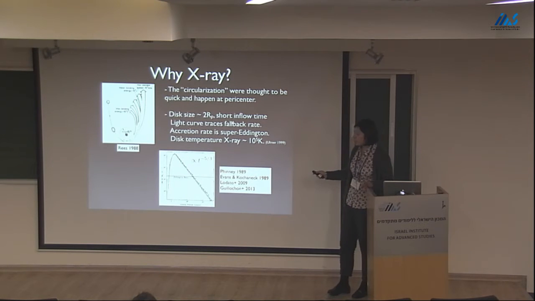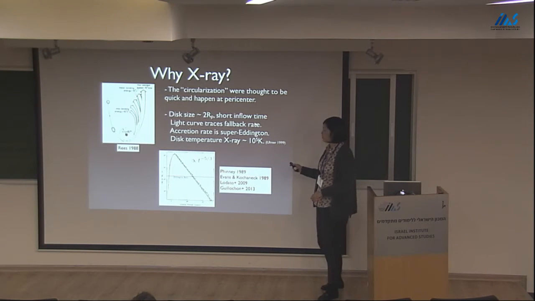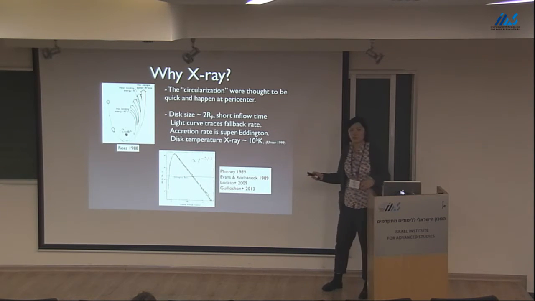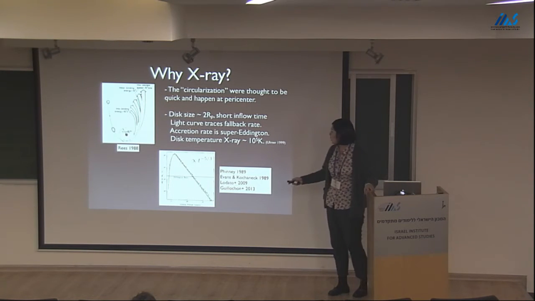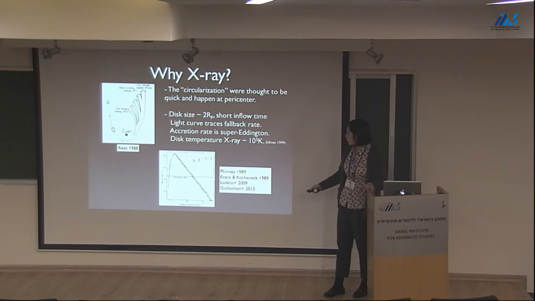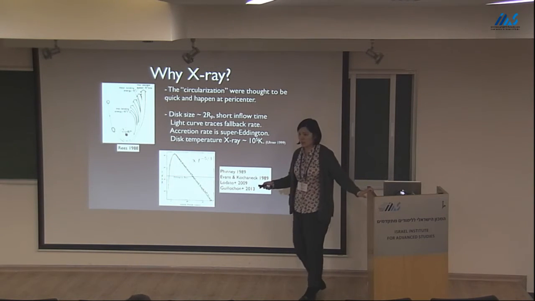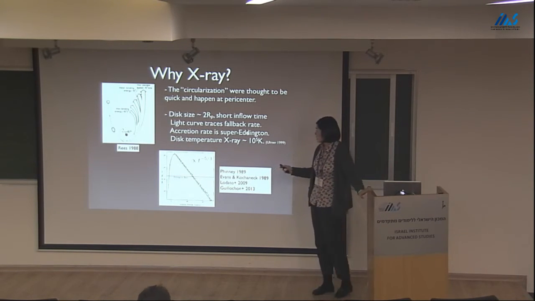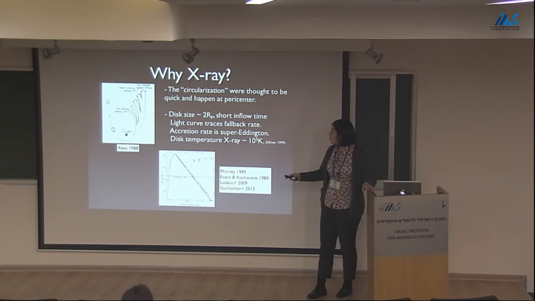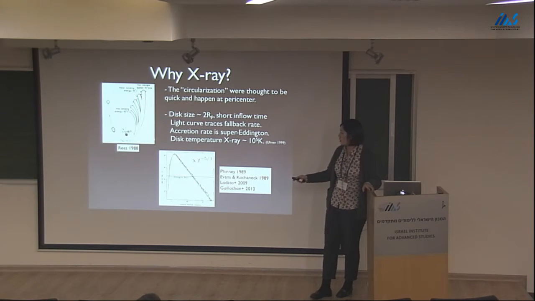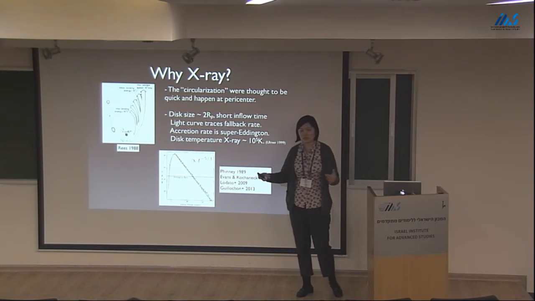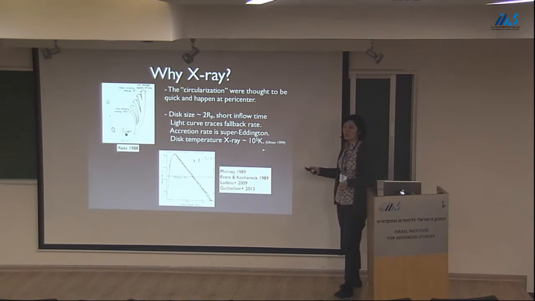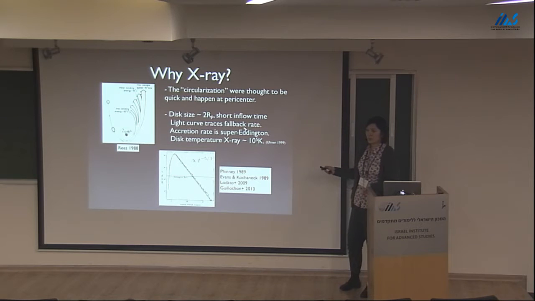For this very small disk, the inflow time scale is very short, so the accretion rate and the light curve would trace the fallback rate. But also, because the fallback rate for most of the systems is super Eddington, if the black hole mass is not bigger than roughly 50 million solar masses, then the accretion rate is also super Eddington. If you distribute Eddington power across this small photosphere or this small disk, you get a black body temperature which is peaked in the X-ray.